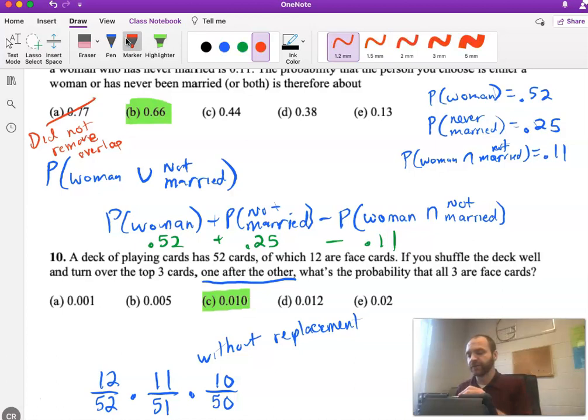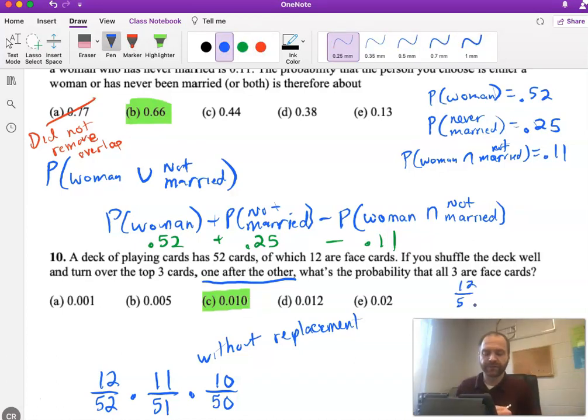If I were to do the probability of flipping over a face card, 12 out of 52, replace the card, 12 out of 52, replace the card, 12 out of 52, that is 12 cubed over 52 cubed. I used blue, I shouldn't have done that, I should have used red because that's wrong. But if I had done that, it would have given me 0.0122 something, which is this answer right here.